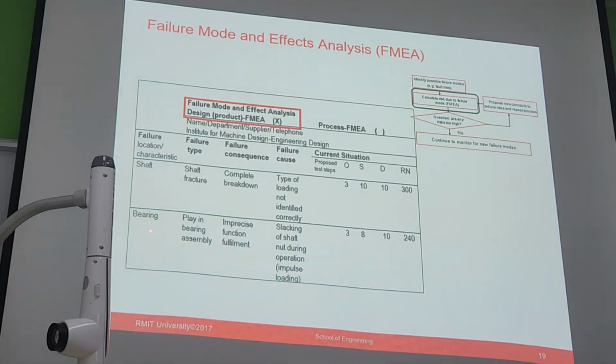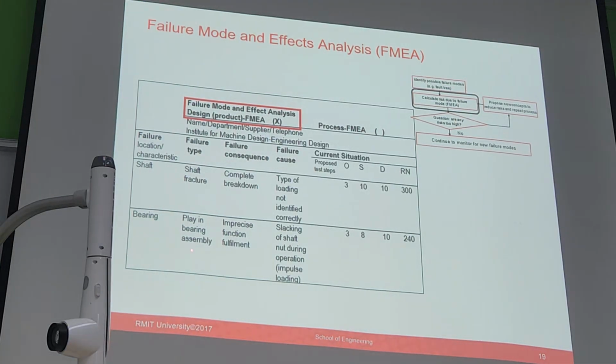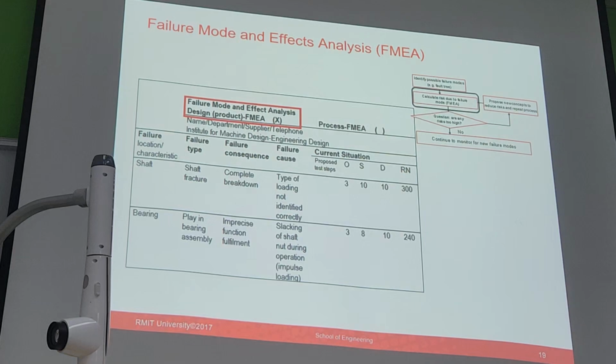Another part is the bearing. What is it? How? Play in bearing assembly. And why? Slackening of the shaft nut during operation. Okay? It is the why.